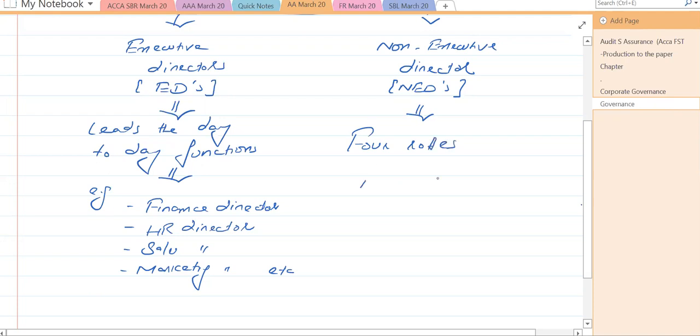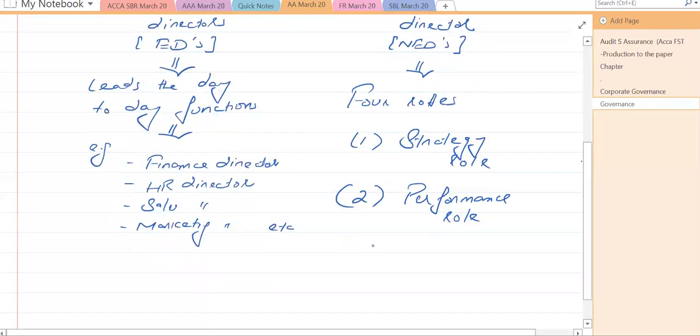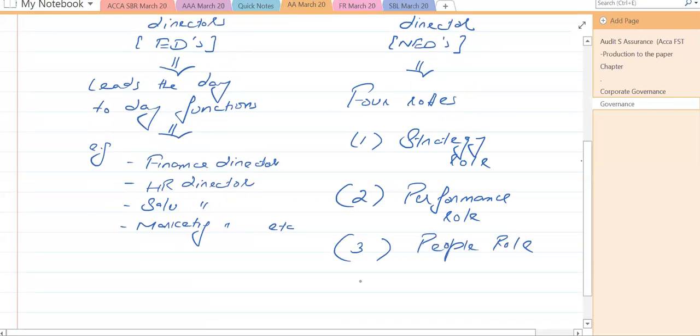Number 1, strategy role. Number 2, performance role. Number 3, people role. And number 4, risk role.